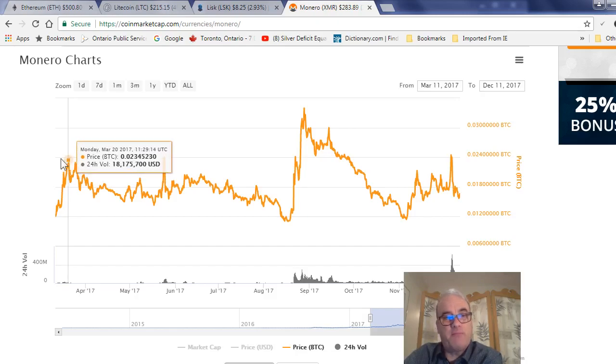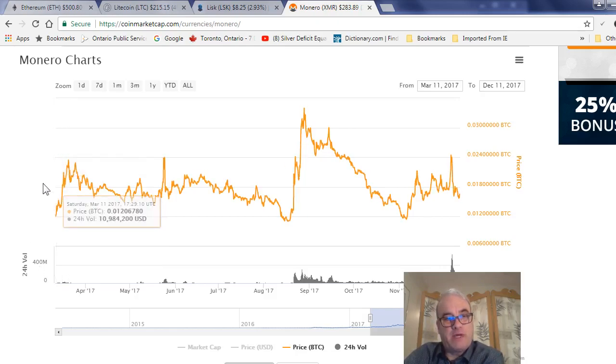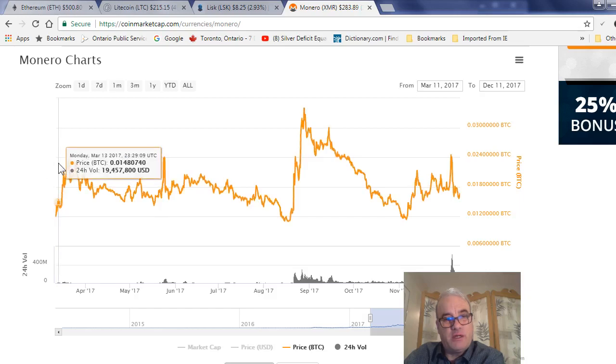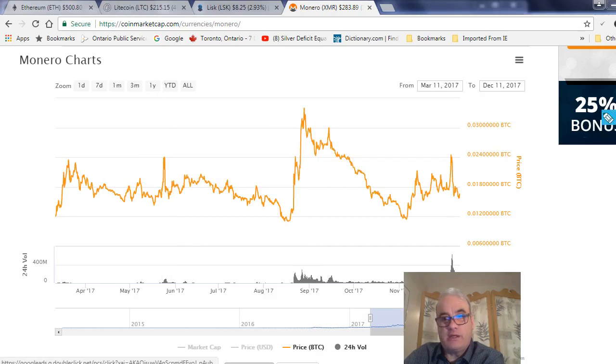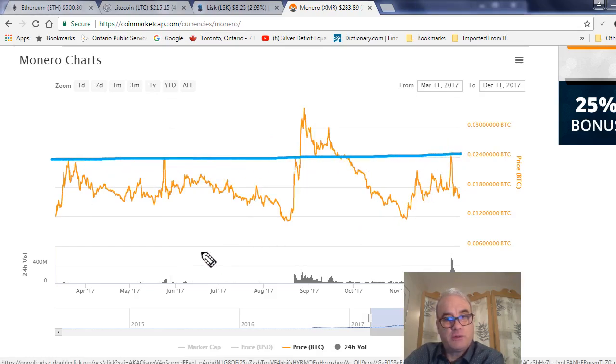Try and catch the top. Okay, so if I was to draw initially, I could draw a line just like, not like that, like this. Trying to get up to the 0.24, or maybe you could undercut that just to try and reach it. And you would have reached it 4 times.